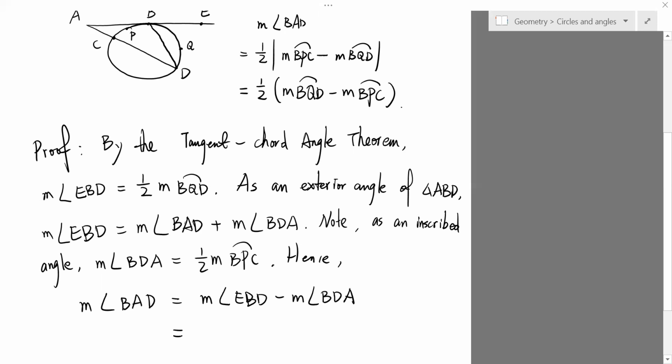But each of them could be replaced by 1/2 of the measure of some arcs, as we have observed in the previous argument. Respectively, the measure of the angle EBD is going to be equal to 1/2 the measure of the major arc BQD, and the measure of the angle BDA is equal to 1/2 the measure of the minor arc BPC.